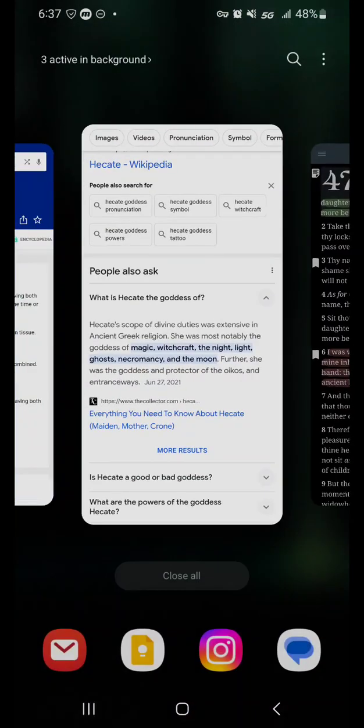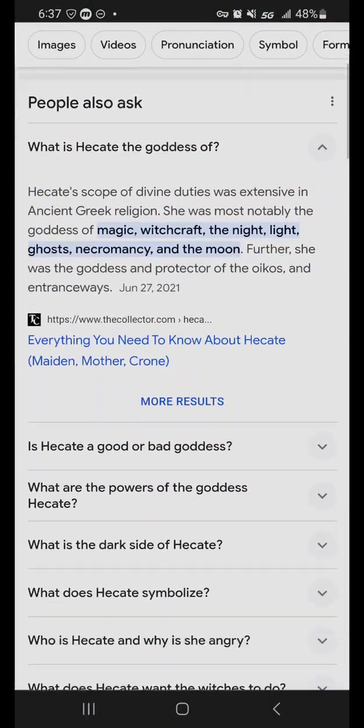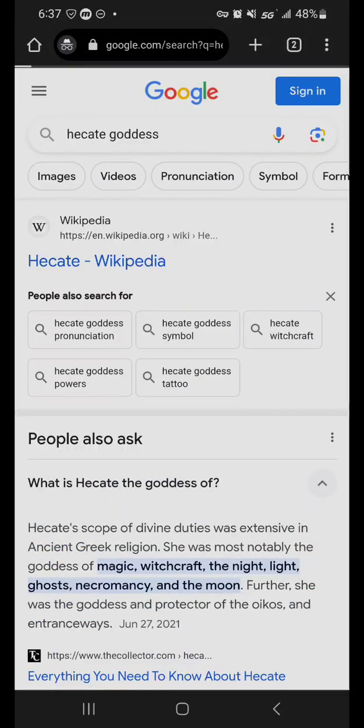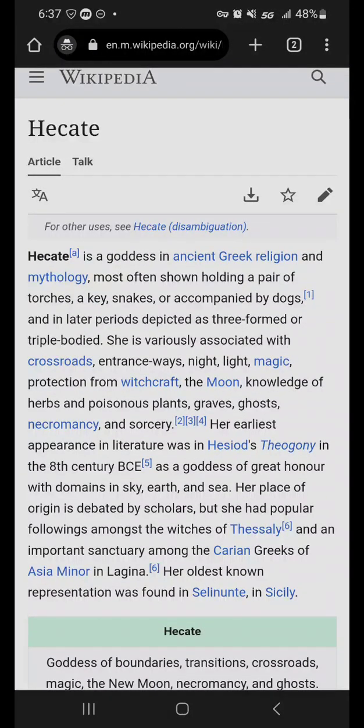But before I jump to Isaiah 47, let's go to the image of Hecate. Let me go to Wikipedia first. Hecate is a goddess in ancient Greek religion and mythology, most often shown holding a pair of torches, a key, snakes, or accompanied by dogs, and in later periods depicted as 3-formed or triple-bodied.